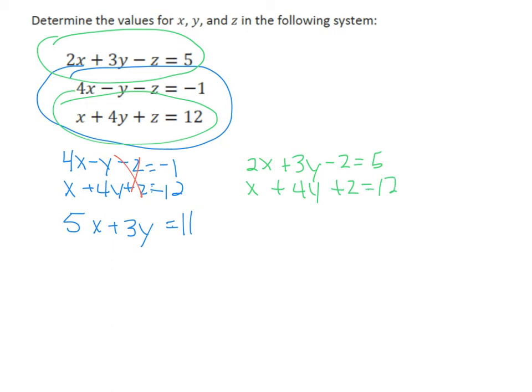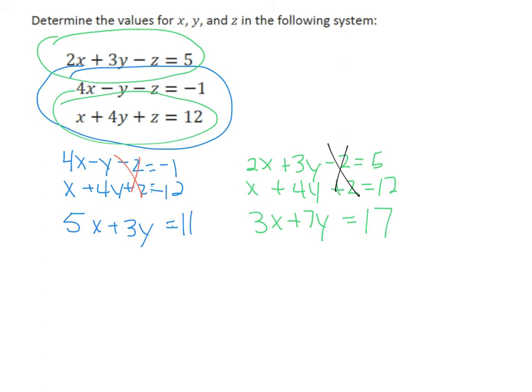So if I add these two here, I get 3x plus 7y, and notice the z again will cancel, is equal to 17. So at this point, now we are down to 2 equations.